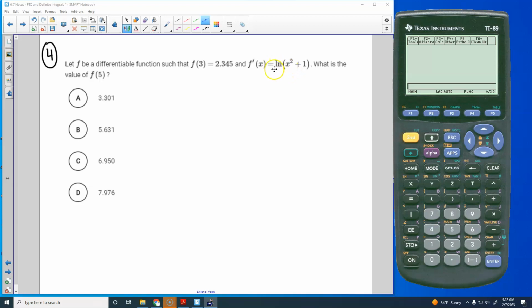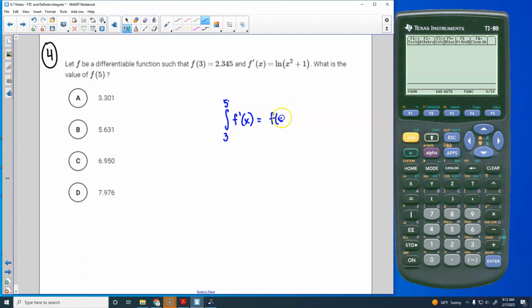But I do know if I integrated f prime of x from 3 to 5, when I integrate f prime, what do I get? I'm going to write this intermediate step, but you don't have to.